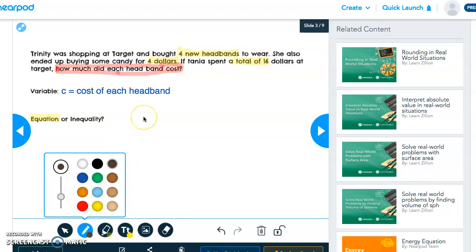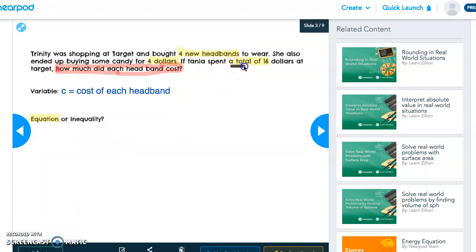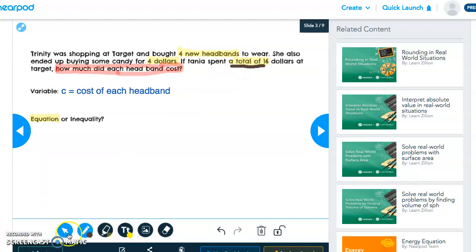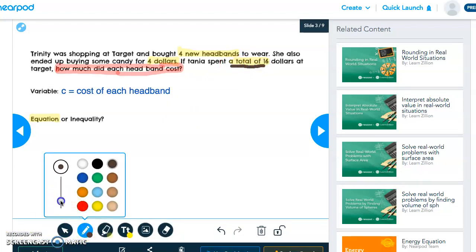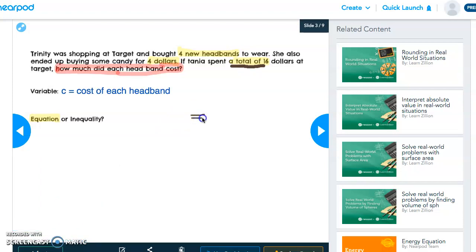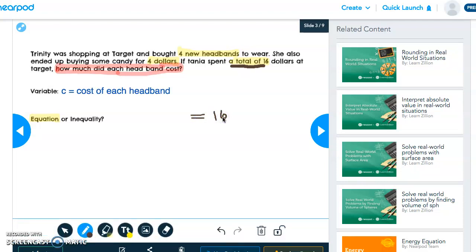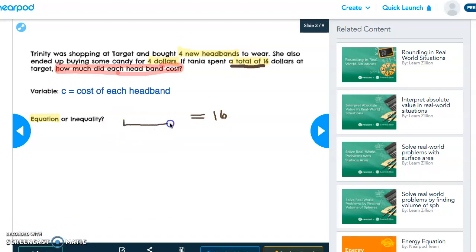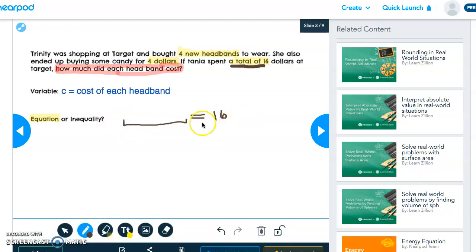Okay, well, let's do this, people. The first thing I know is the total. So I'm going to start off with the total. We know that the total amount that was spent was $16. Or it's not me, it's Trinity. My bad. Okay, so this is the total. We want to figure out what was spent in order to get 16.